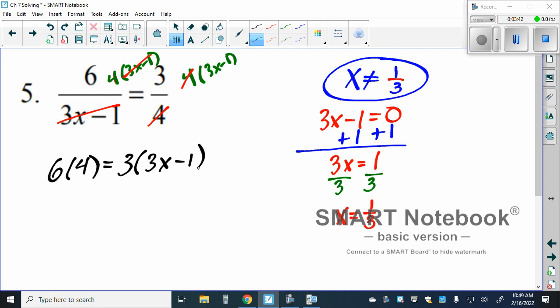Now, if you wanted to, we could have gone on and multiplied these. If you felt comfortable at this point here to do 6 times 4 and get 24, you could have done that. You didn't have to rewrite out 6 times 4. We could have also done 3 times 3x, which is 9x minus 3.